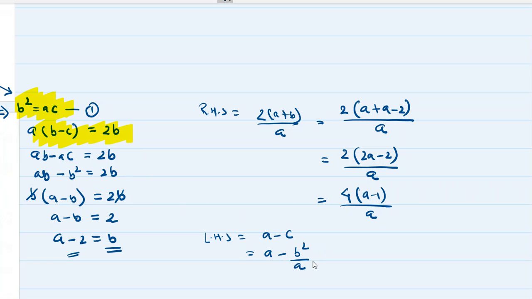C is B square by A. So what we'll do is we'll put the value of B, that is A minus 2, in here and see what happens. So A minus (A minus 2) the whole square by A, and we can take LCM.